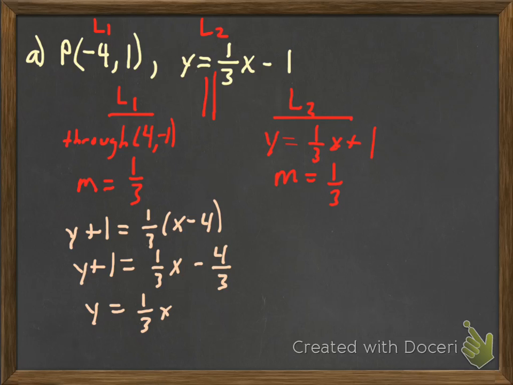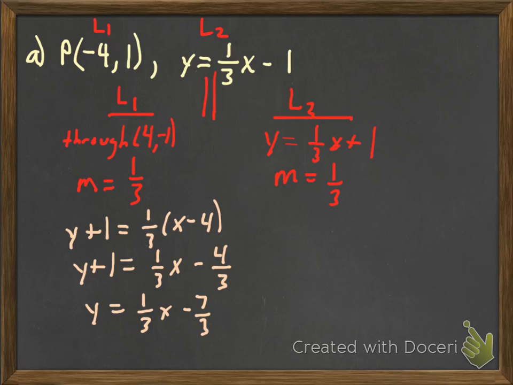And of course, whenever I subtract 1, realizing there's a mistake there, but I'll fix that. Whenever we subtract 1 from both sides of the equation, we're subtracting 3/3 really. -4/3 minus 1 is -7/3.